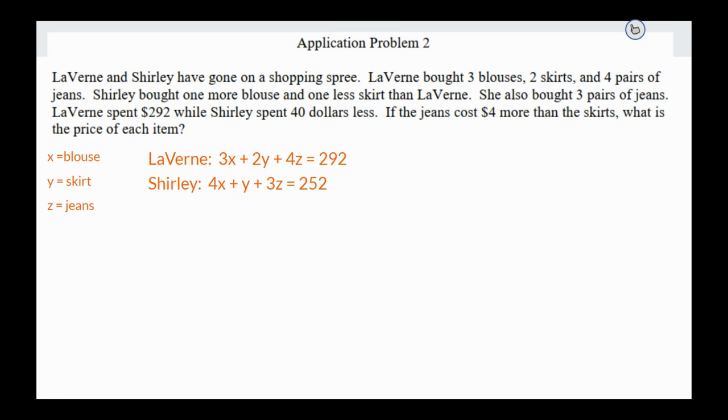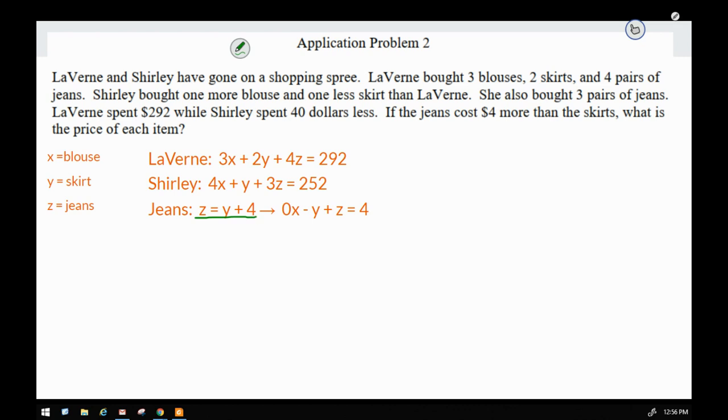How would I write that? z minus y equals 4, or you could write 0x minus y plus z equals 4. You don't have to. So here are your 3 equations. This makes sense in my head, but I think it's confusing to some people.